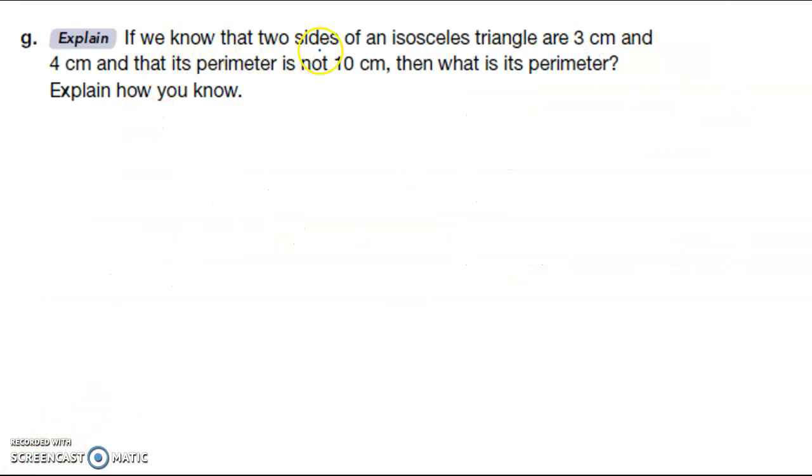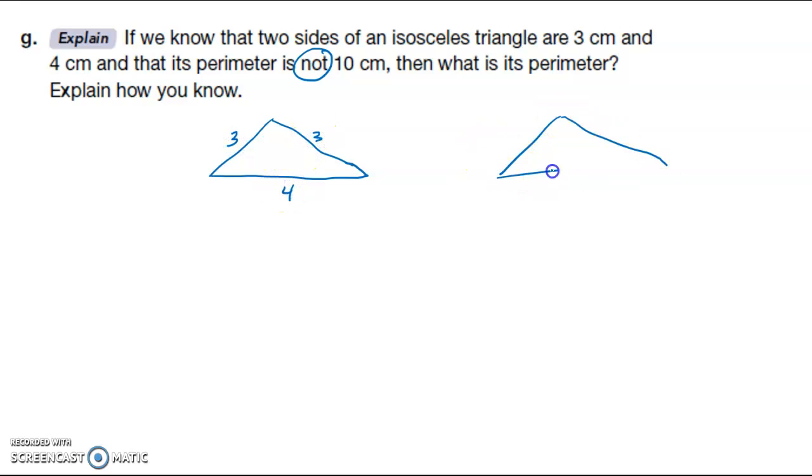Alright, if we know that two sides of an isosceles triangle are 3 centimeters and 4 centimeters, and the perimeter is not 10, then what is its perimeter? Okay, so if two sides are 3 and 4, it's either 3, 3 and 4, or 4, 4 and 3, because an isosceles triangle has two of the same sides.